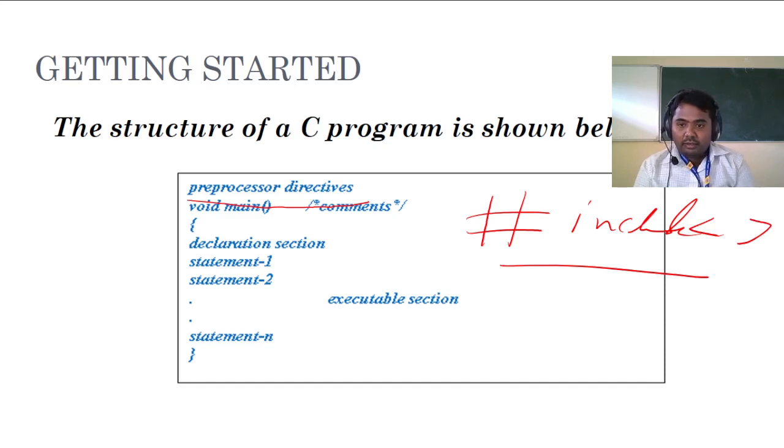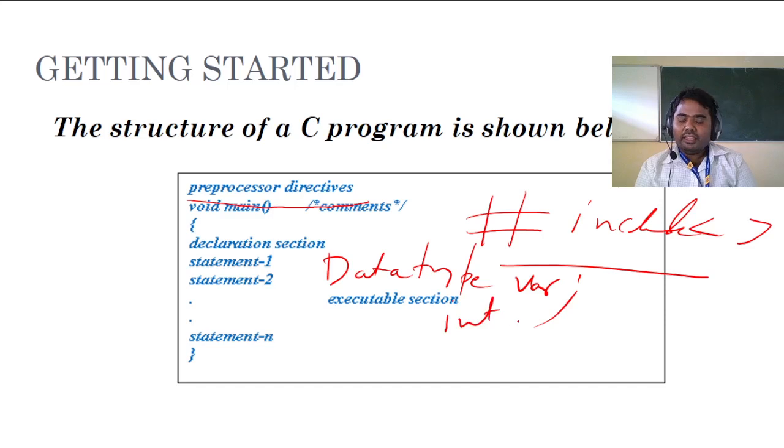The syntax looks like this: data type, followed by the variable, followed by a semicolon. For example, the data type is int and the variable name is a. Now a is the name of the memory location that contains the value.